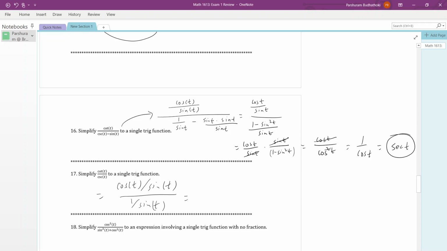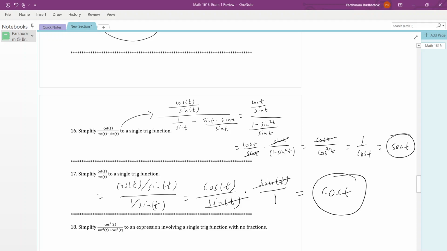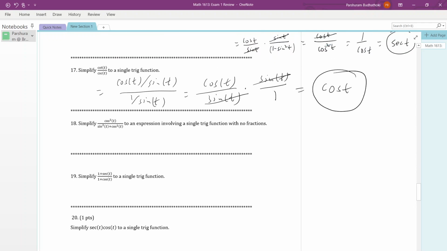Basically it's cosine t over sine t, and then on the denominator you have 1 over sine t. If you just flip it, it will be sine t over 1. So you can cancel this sine t and this sine t, and finally you are going to get cosine t. Okay, that's problem 17.